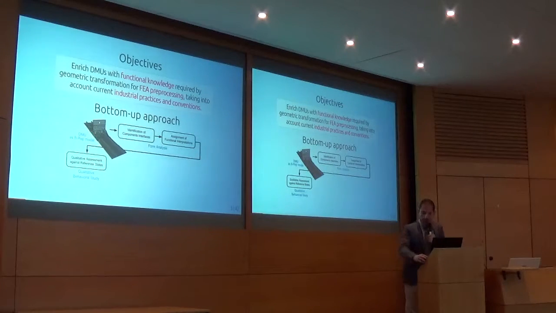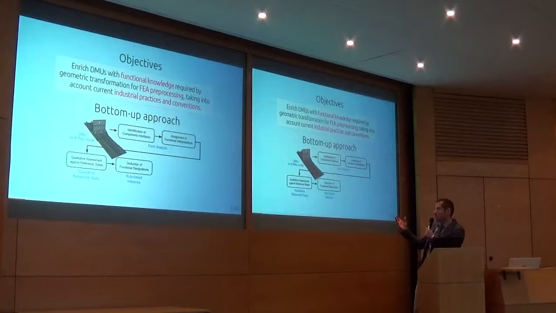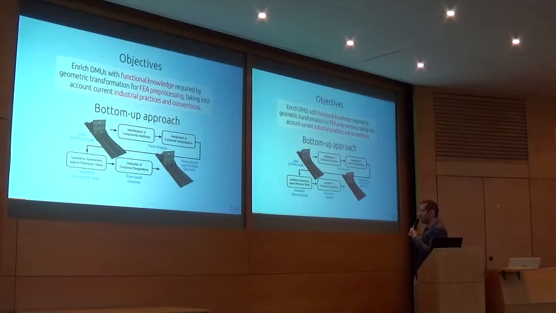Finally, we complete the functional picture by gathering bits and pieces of information into one coherent knowledge base. Then we end up with the same DMU, now restructured and enriched with functional knowledge.